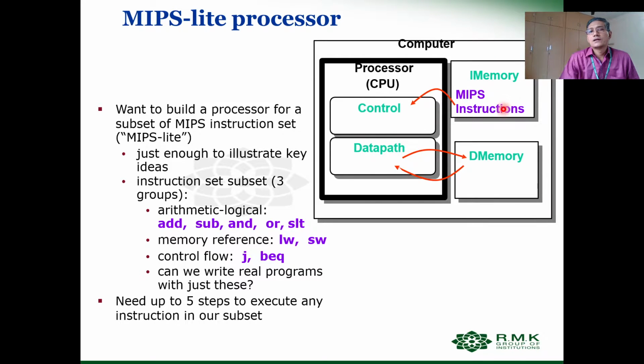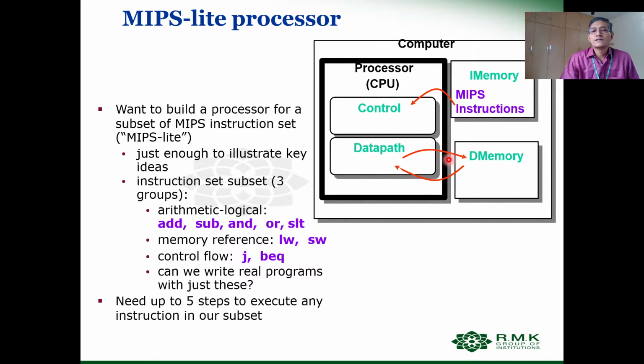And then we know that separate instruction memory and data memory are available for the MIPS architecture, and the processor is going to fetch the instruction from the instruction memory. So it is from the memory to the processor, and that is why the arrow mark is towards the processor.